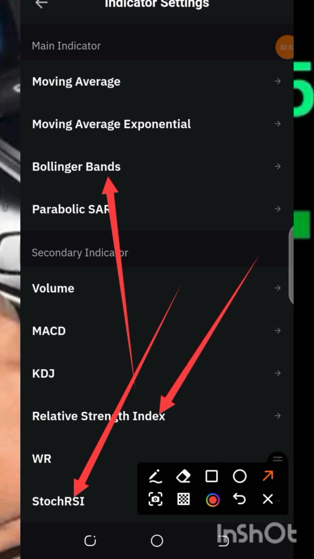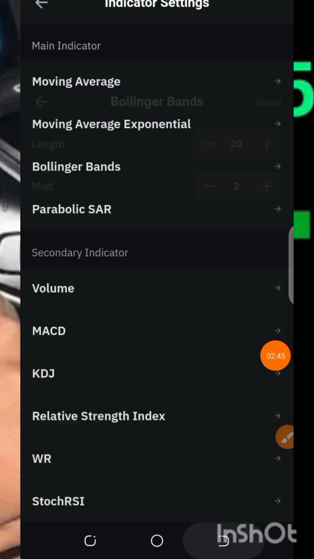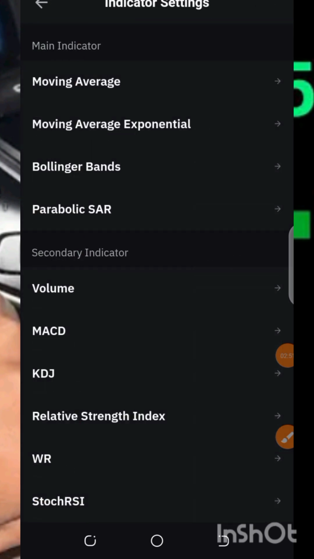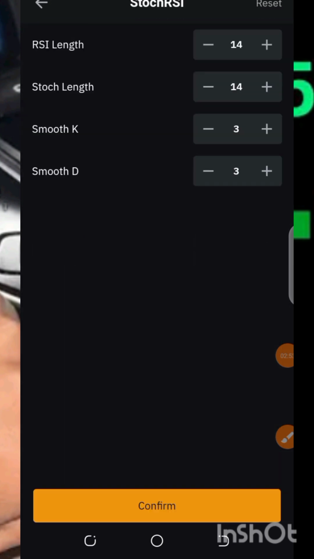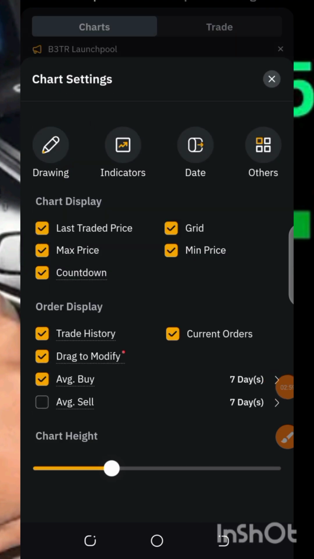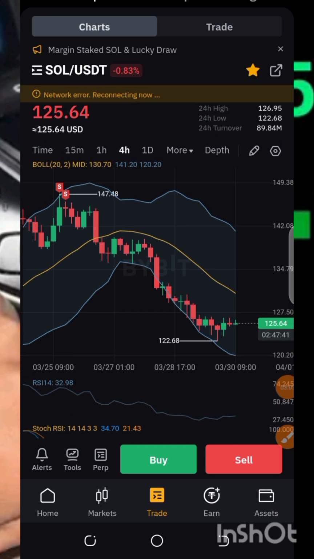Once you click the first one, Bollinger Band, just leave it like this. Confirm, make sure it's on default. Click this particular one, just confirm, and let it be on default. That default is actually what you need. The people that set it like that know the reason why they set it like that.